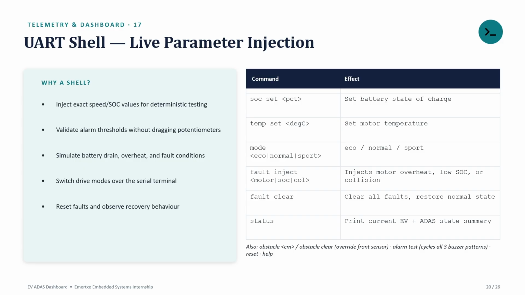For that, we have the live parameter injection, like SOC set, what the state of charge will be at the current condition, temperature set, what the motor temperature will be, what mode the car is working in, and what kind of faults. If we inject a fault, what behavior does the car give us, and if we clear the fault, what protocols are active again, the current status, all of that using the live parameter injection. After that, we have to get into the main simulation part.